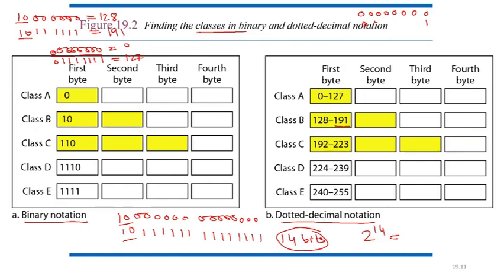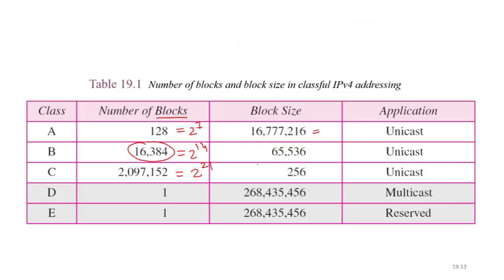Here also 10 is fixed, so it blocks many of the possible ranges in B. And here in C, the block size is this much, and the block size here is 256.